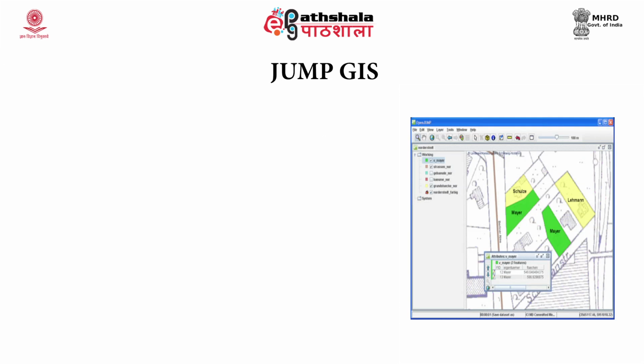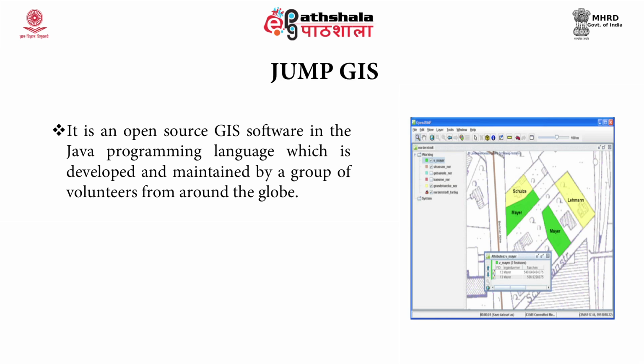Another commonly used software is JUMP GIS, which is an open source GIS software in the Java programming language. This is developed and maintained by a group of volunteers from around the globe. Its latest version is 1.11, released in April 2017.